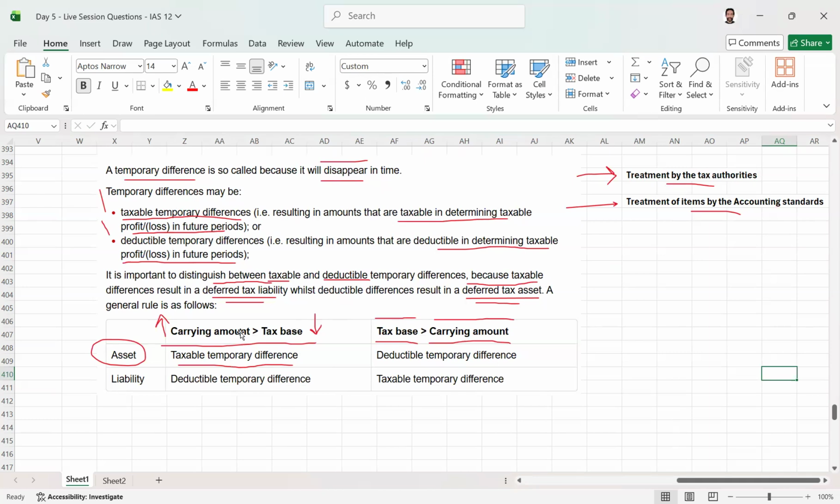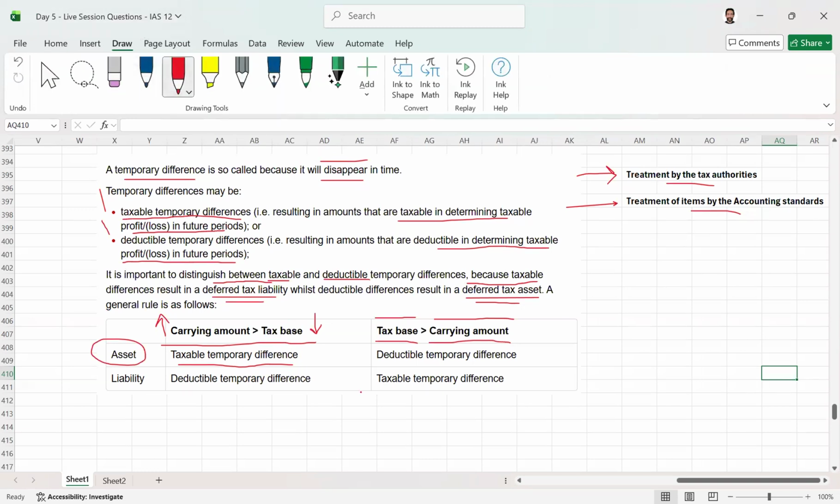Whenever this is the situation, clearly we have a temporary difference. This temporary difference is related to an asset, and if this is the case, then this leads to a taxable temporary difference. And what is a taxable temporary difference that we also discussed here? It means that it will have tax consequences in future.